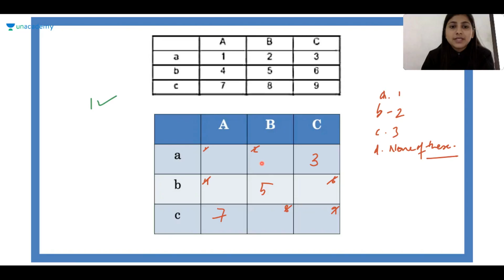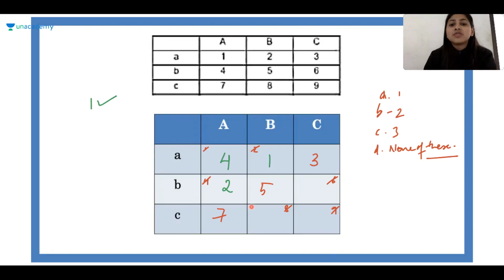What if we place 4 here? Then we can put 2 here, 1 here. Okay, let's check this. 147. No, 147 is in the same column, not allowed. So we cannot do that. Let's exchange these two numbers, 2 and 1. Now does it work?